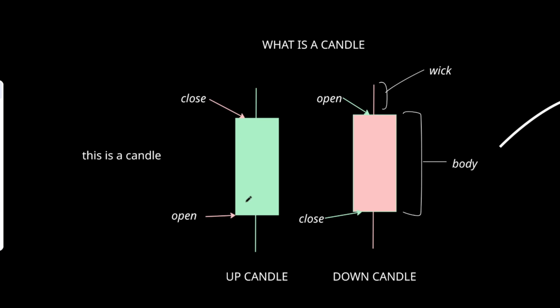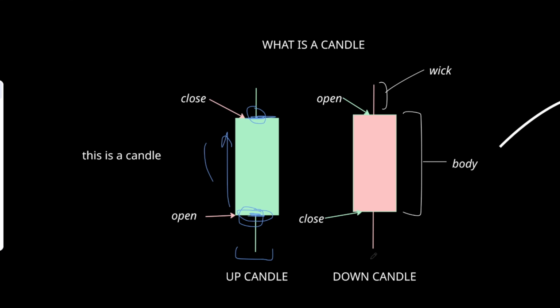So when price goes up, this is the up candle, it opened down, so it opened here, time went on, and it closed above. So in here it started, and in here it ended. That's why it's an up candle, because the open is below the close, meaning we closed above the open price.